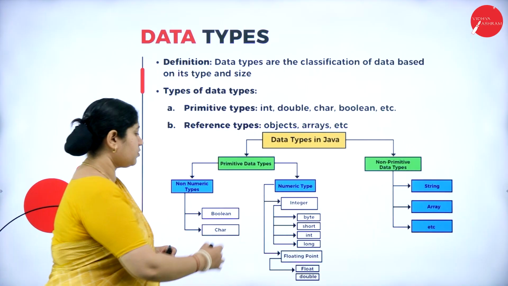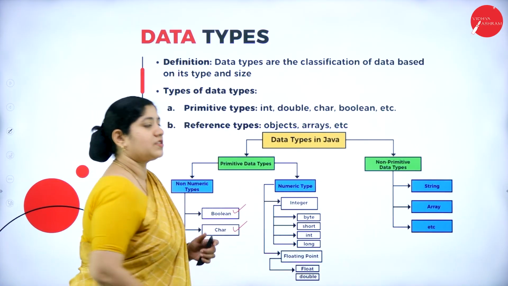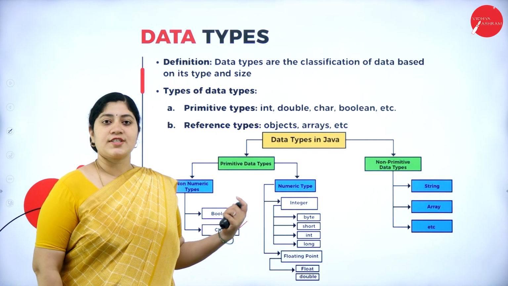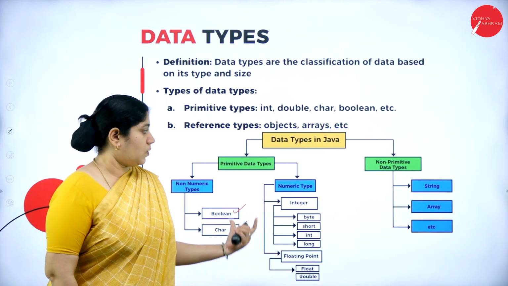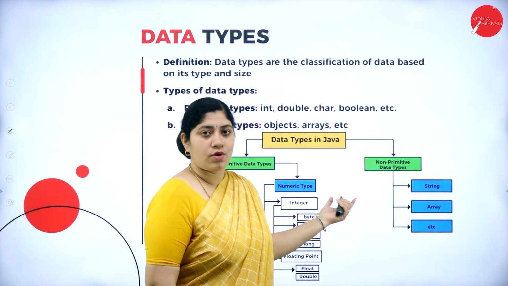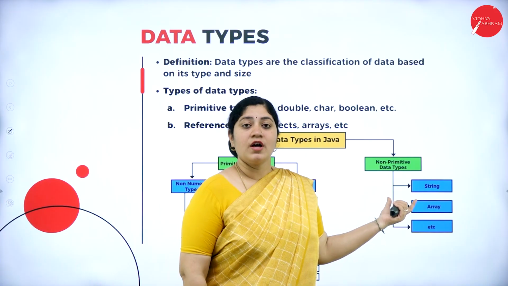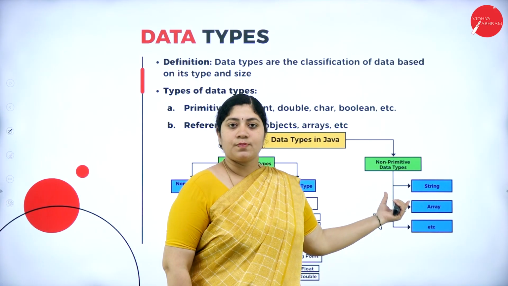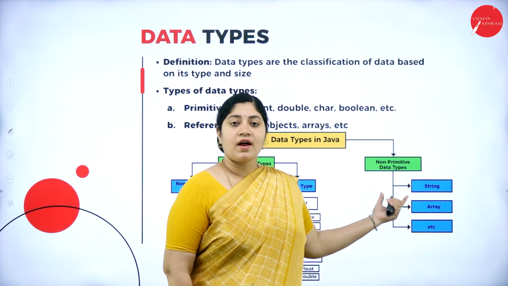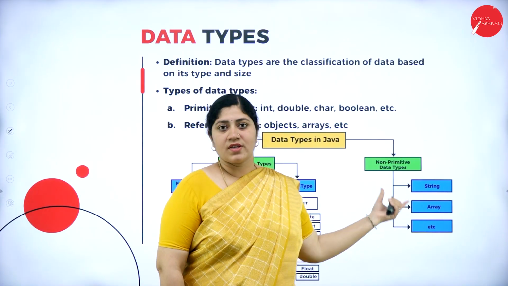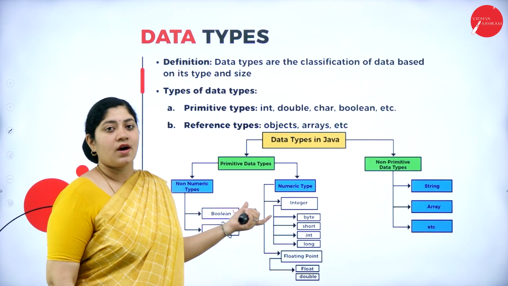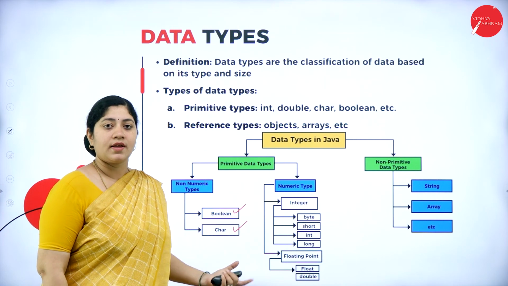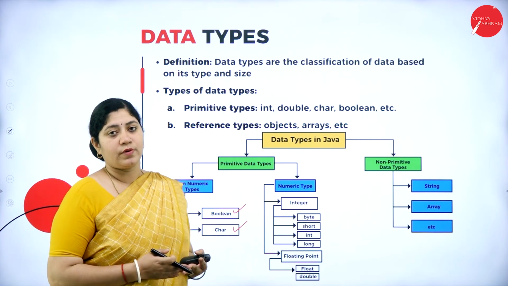Under non-numeric types, we have boolean as well as character values, or we can say string values. All right, let's move on to the non-primitive type, or reference value. Under this, we can expect various strings, then arrays, followed by objects, etc. So these are the various data types that are available in Java programming.